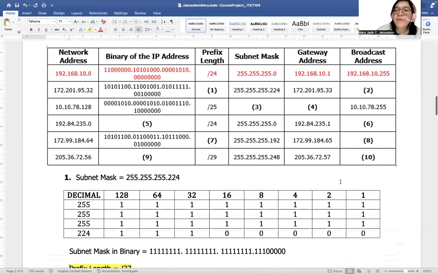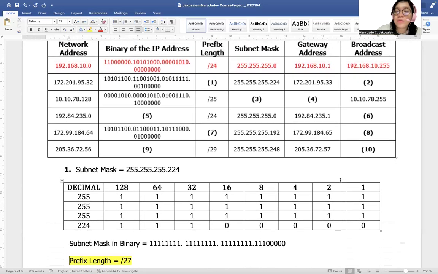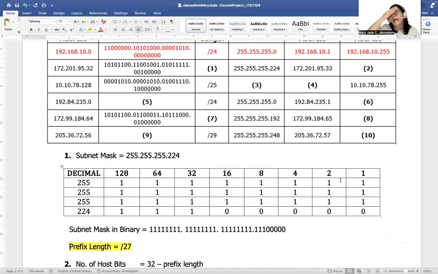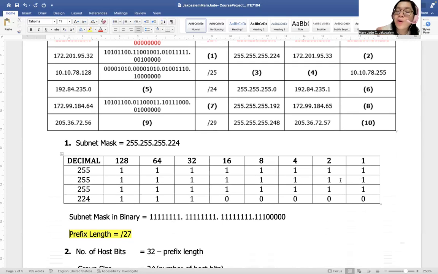In order for us to compute the broadcast address, we need first to solve the number of host bits. So, actually, there's a lot of steps included here. How do we solve for the number of host bits? Since an IP address is a 32-bit address, it's 32 minus the prefix length.